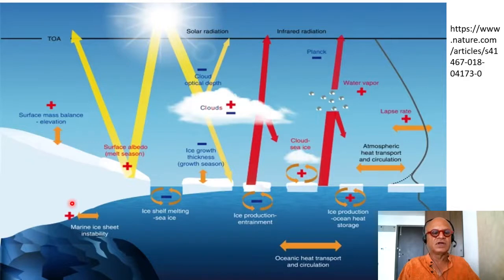Okay, so on the other hand, if there is water below, you can have warming that can create melting from below and reduce the ice mass and so on. So it can create marine ice sheet instability, which is considered a positive feedback, which I will not get into here.